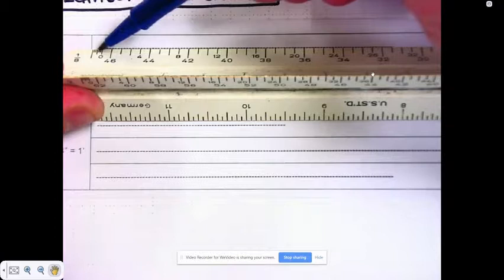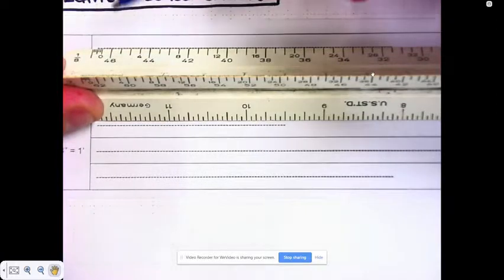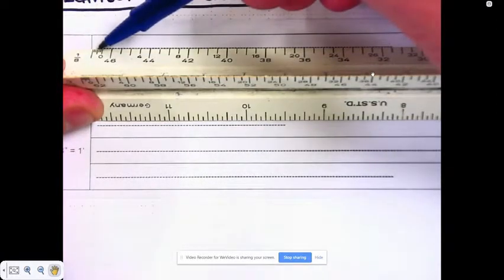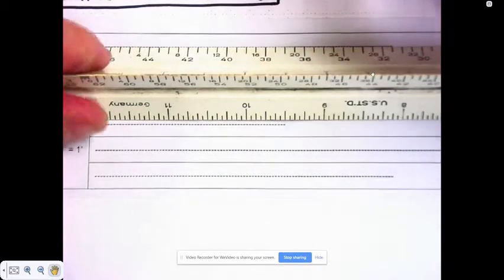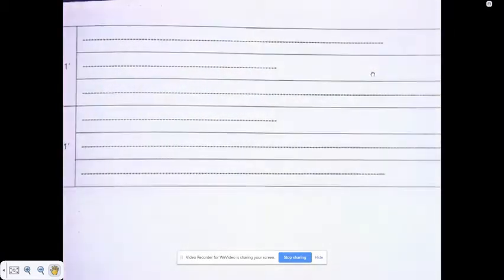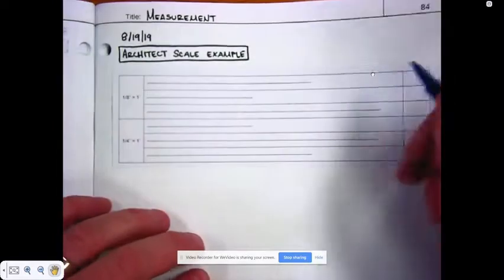So 2, 4, 6, 8, 10, 12, that gives you a foot. I can see that it's halfway, so it's 30 feet, 6 inches would be the measurement. I'll write that in to my blank on my example.